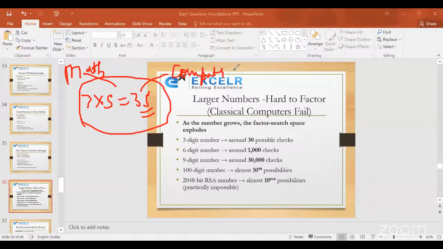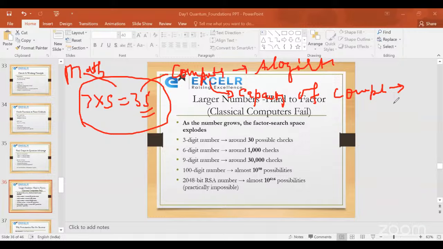Computer point of view means algorithm point of view, and it also means we have to keep in mind the capacity of a computer. I think most of you know that capacity deals with the complexity problem, that is time complexity and space complexity. So we have to keep all these things in mind.